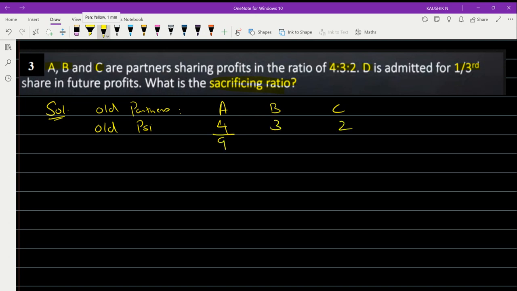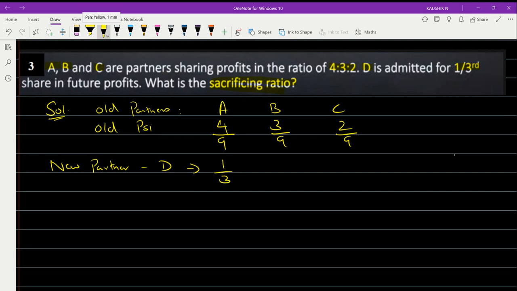That means 4 by 9, 3 by 9, and 2 by 9. Now who is the new partner? The new partner is D, and he has been given 1 by 3 share of the profits.